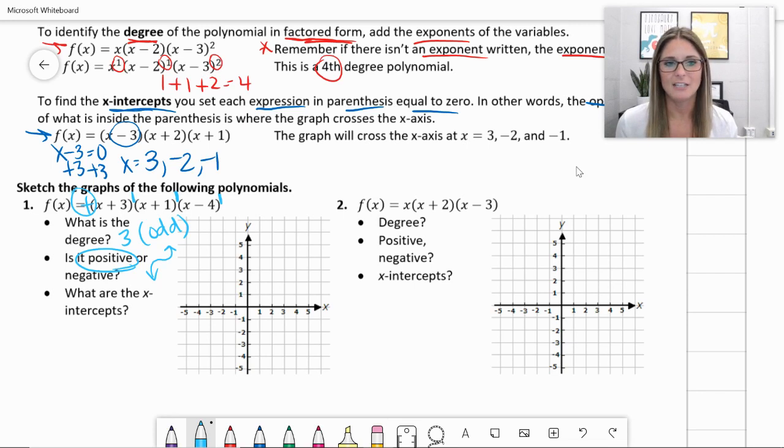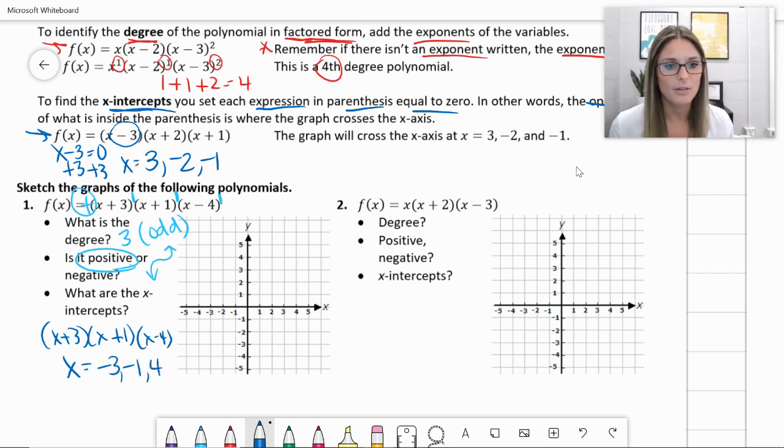Then what are the x-intercepts? Well, we had x plus 3, an x plus 1, and an x minus 4. So those x-intercepts are going to be negative 3, negative 1, and positive 4. Let me go and graph those. Negative 3, negative 1, and 4. And let me also add my arrows. I know our arrows are going opposite directions, down on left, up on right.